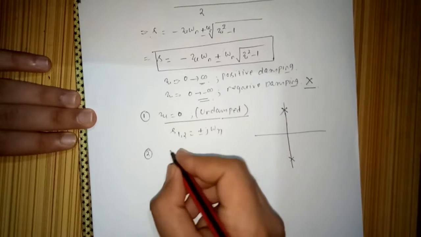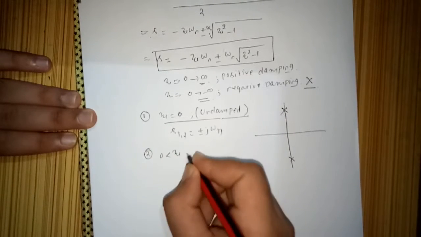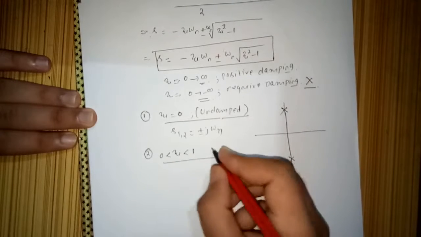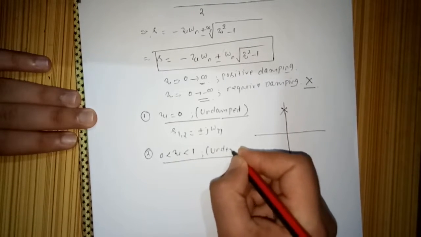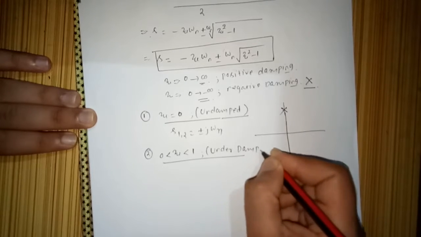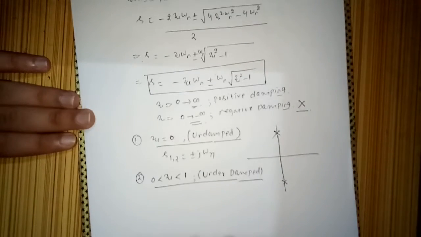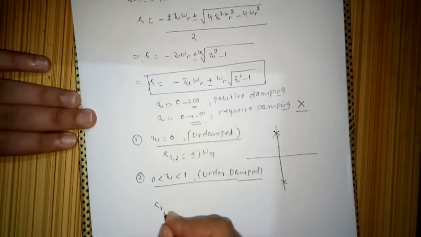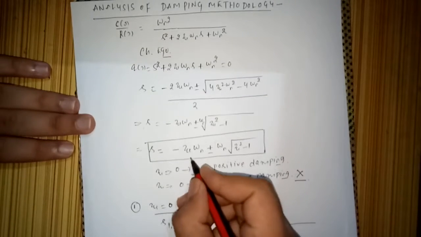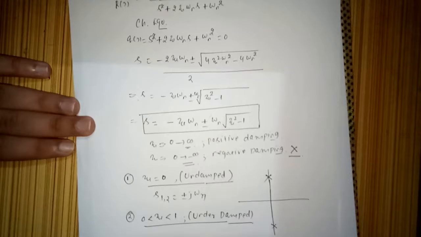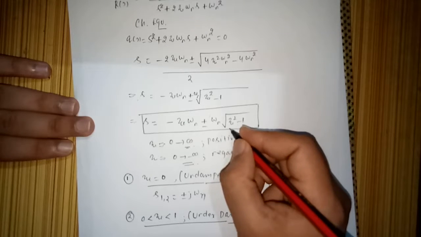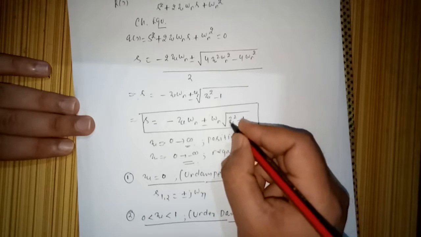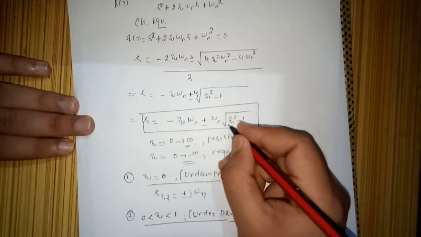The second case is when zeta lies between 0 and 1. This is called an underdamped system. Now see, s1 and s2, when zeta lies between 0 and 1, will have some value, zeta omega n. Now when zeta is between 0 and 1, this part will have an imaginary value, right?